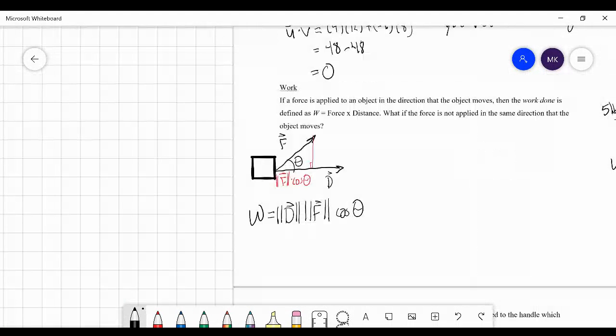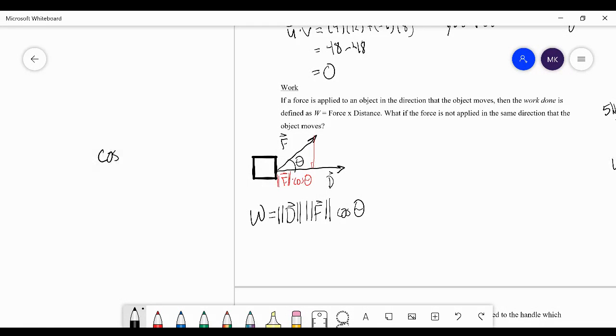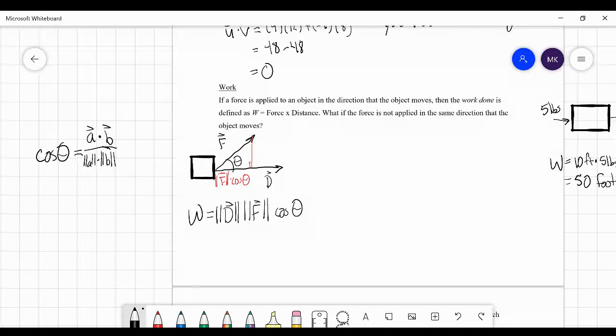So this is using the fact that cosine of theta is equal to vector A dotted with vector B over the magnitude of A times the magnitude of B. We get that simply by taking the cosine of both sides, and the cosine of the cosine inverse gives us just what we had, cosine of theta.